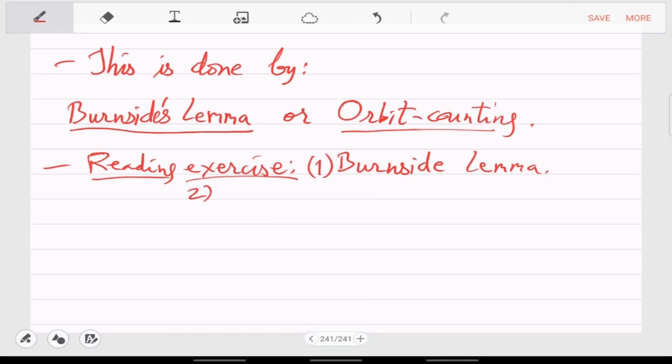And the second thing you can read extra is normal subgroups. The reading exercise, let's hope not. That will be too much to do without being taught in class. So if you are lucky, I won't give any questions, unless I find very simple solutions, and then you have to find them without using Burnside's lemma.